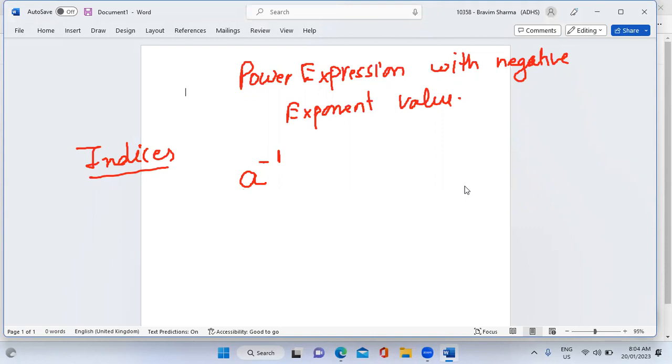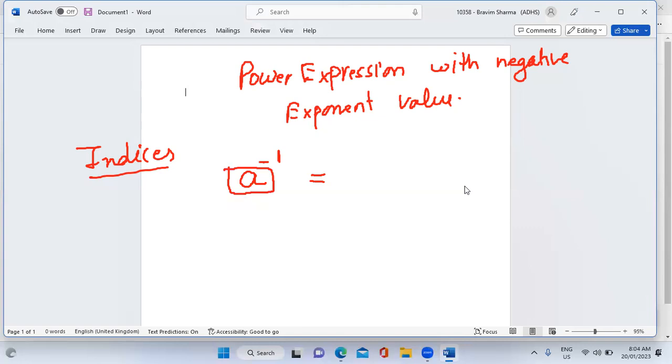So always remember, whenever we have to solve indices, the best way is to keep all the indices positive. Whenever you have to make an index positive, just change its place. How? Now this is a power expression with a base a. This is in the numerator only.